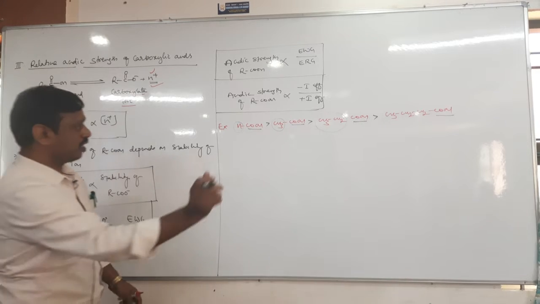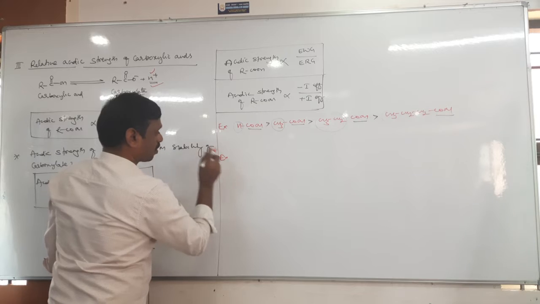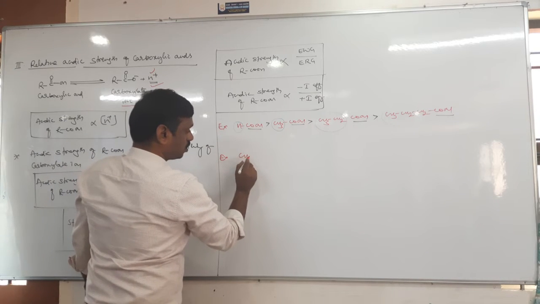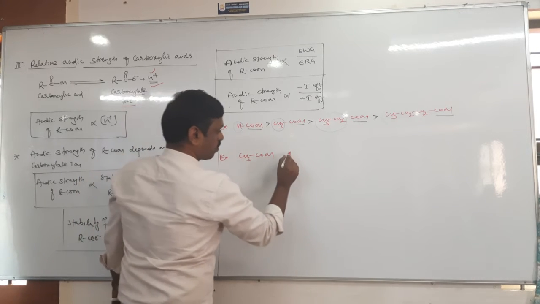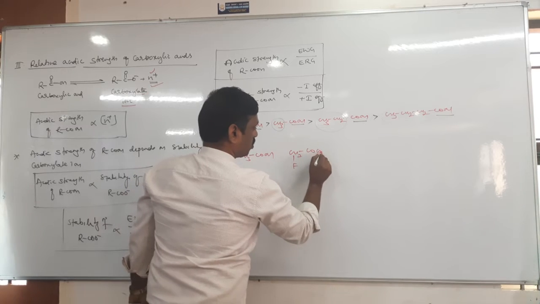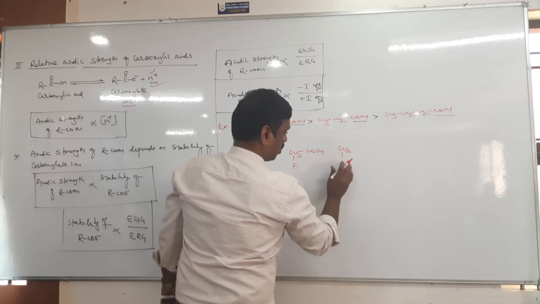Okay. Next, one more example. Let us take CH3COOH, CH3CH2COOH, CH2 fluorine, chlorine.